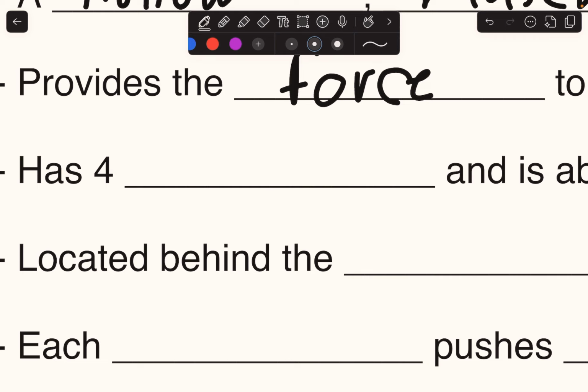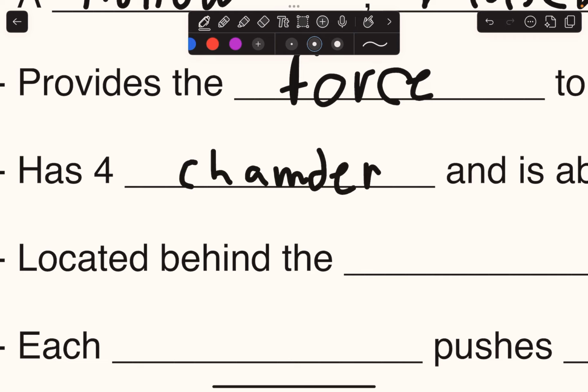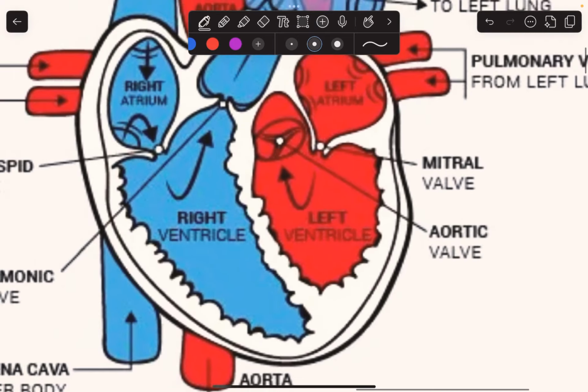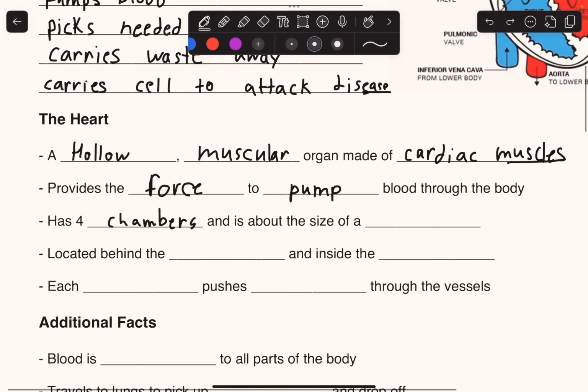It has 4 chambers, which you can see over here. You have the left and right ventricles and left and right atriums. These are the 4 chambers of the heart.